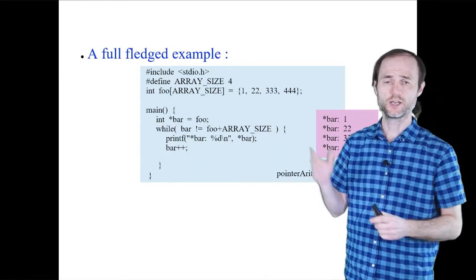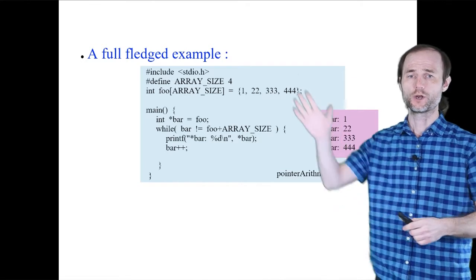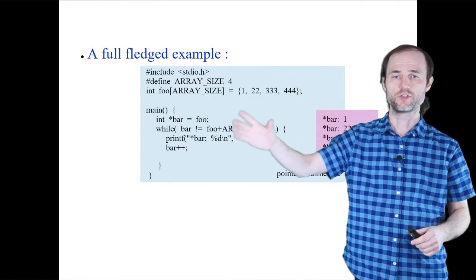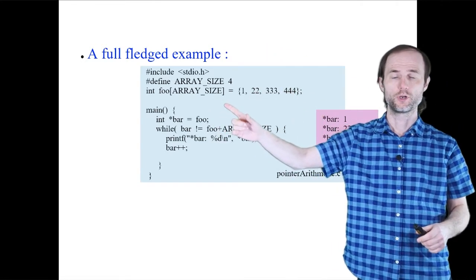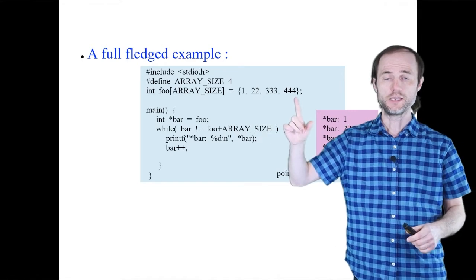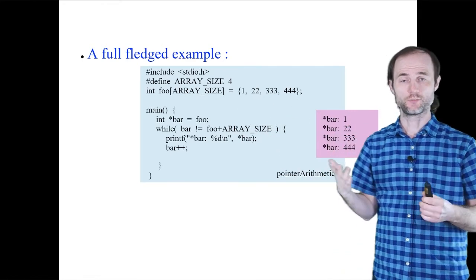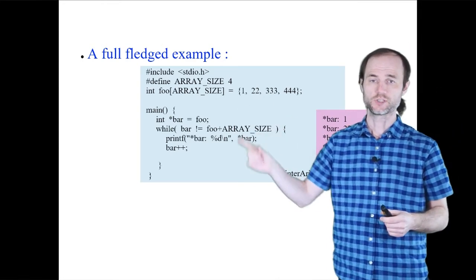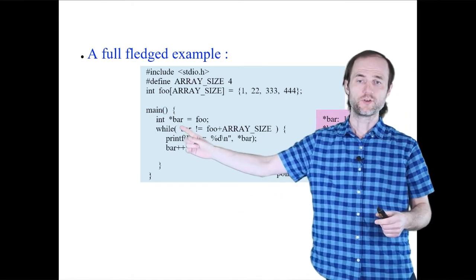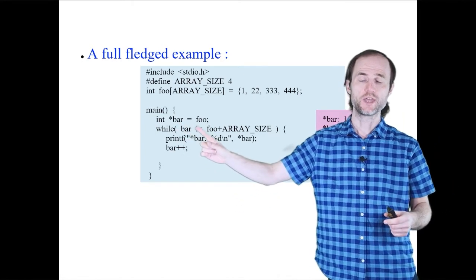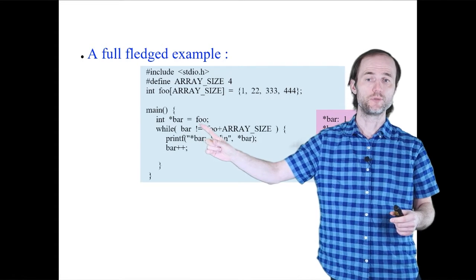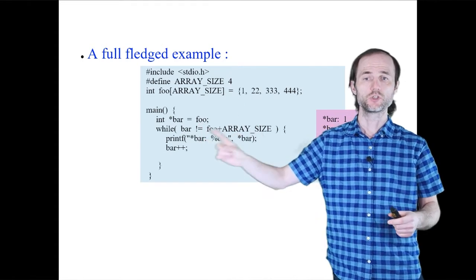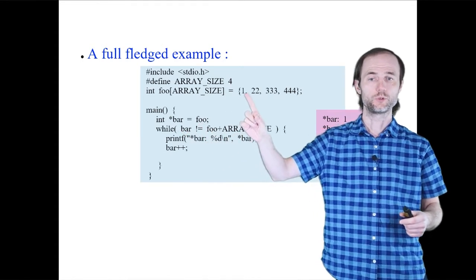So here is a more complete example where we define the size of the array as 4 elements. Each of these elements is an integer taking up 4 bytes. And this is our main function where we define a pointer that is pointing to the beginning of this array. So star bar will be equal to 1.